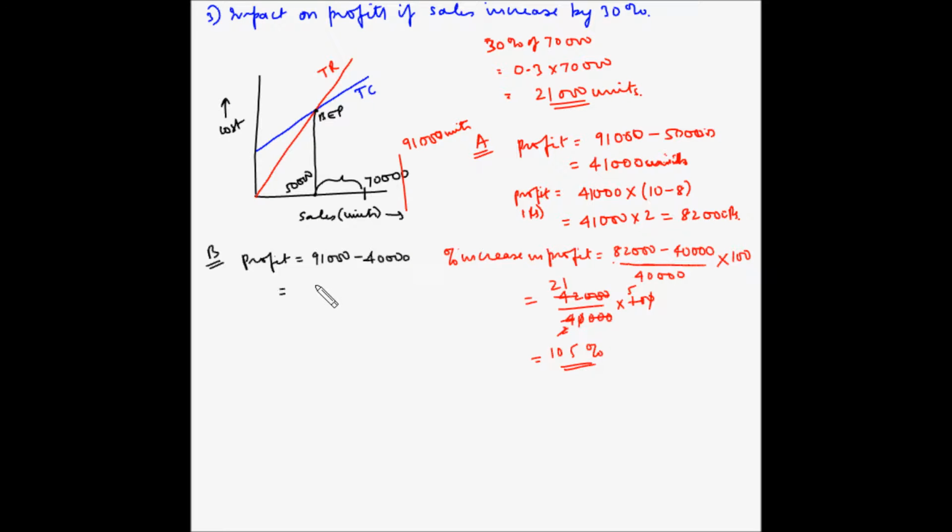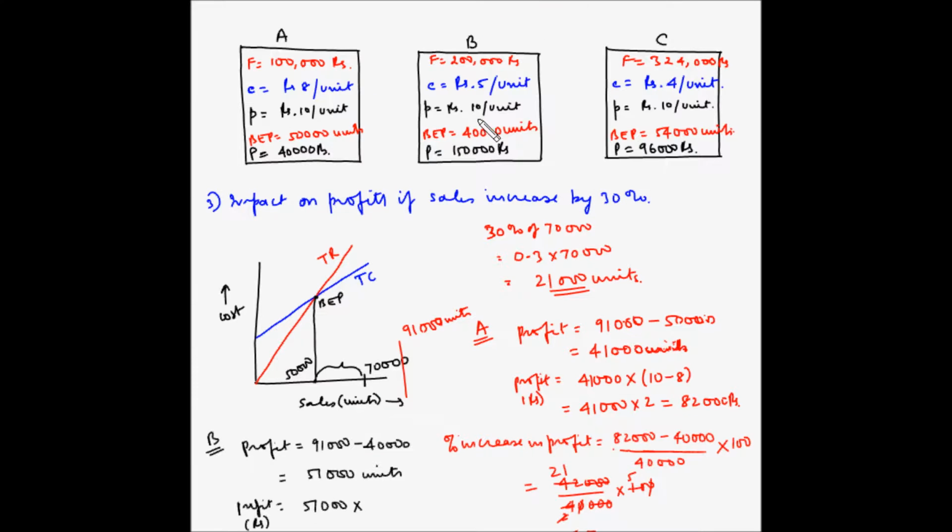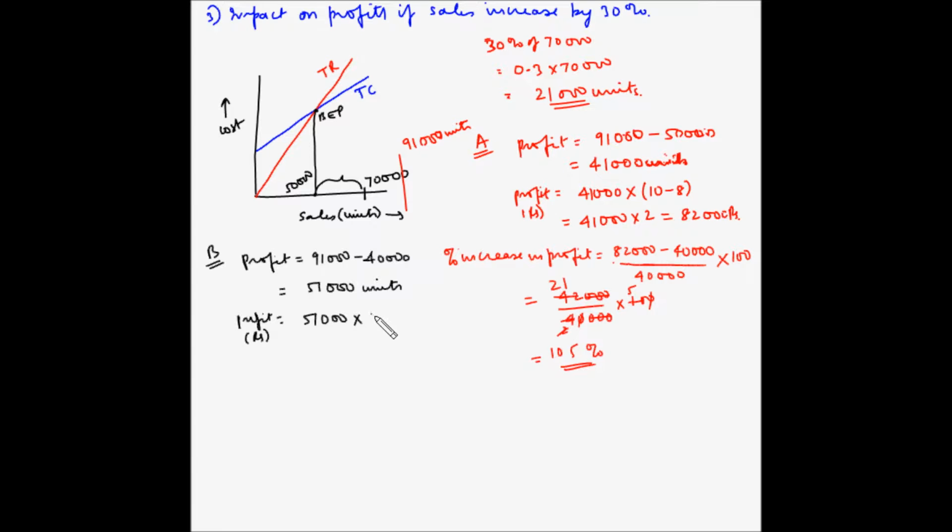So this is equal to 51,000 units, and profit in terms of rupees will be equal to 51,000 multiplied by the difference between the selling price and the cost price, which is 10 minus 5, which is 5. This is equal to 5 1s are 5, 5 5s are 25.